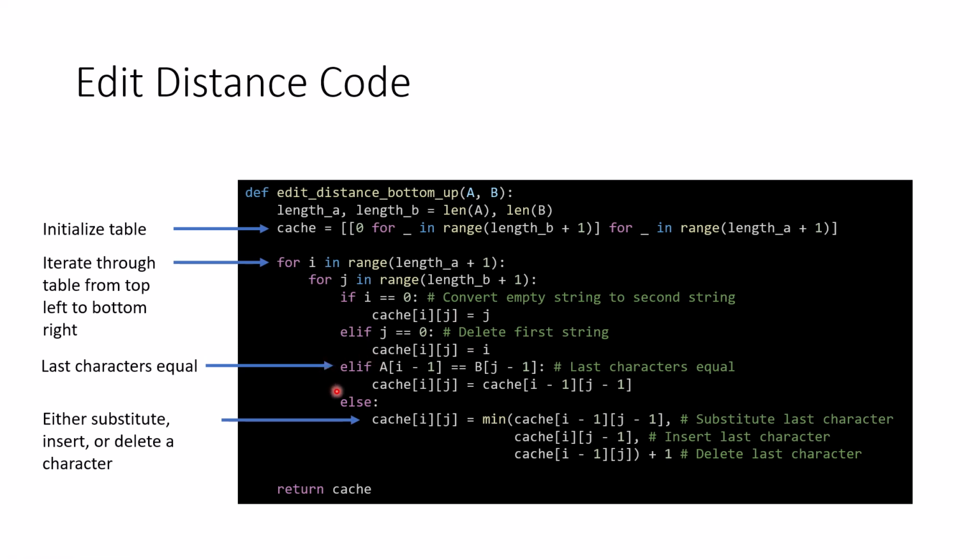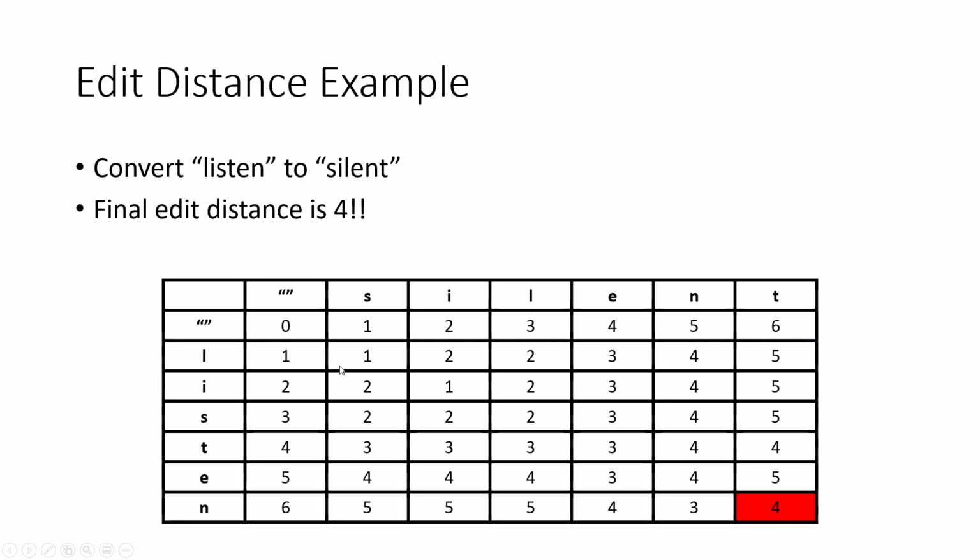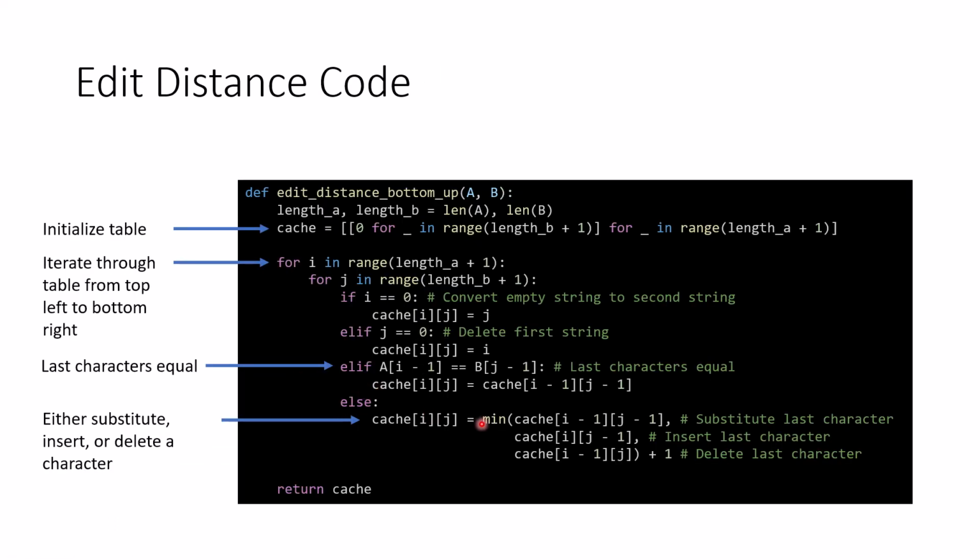And then here is the actual recurrence relation, this part of the code. The first one is the easiest case where the last characters happen to be equal, so a of i minus 1 equals b of j minus 1. If that's the case, then I'm just going to take the top left element. So cache of i, j is just going to be cache of i minus 1, j minus 1. It's like, over here, I'm going to set this to just this guy over here. The next one are the three cases, so I'm going to have min. This case corresponds to substitution.